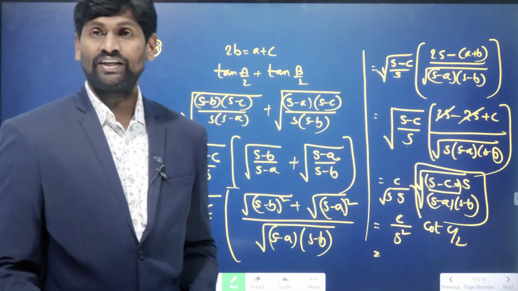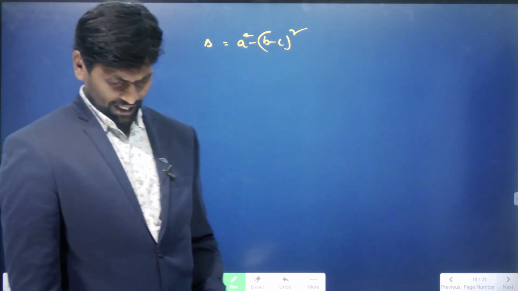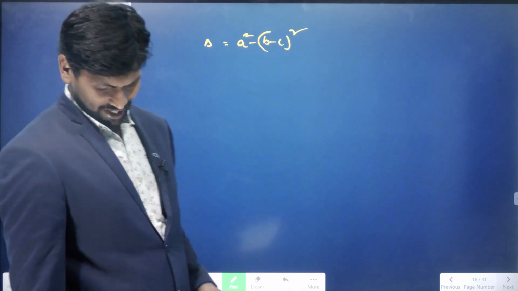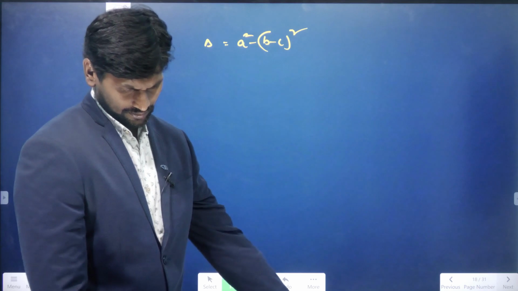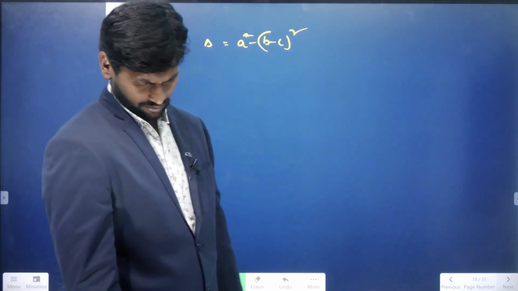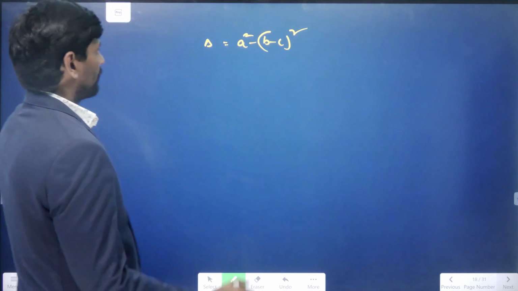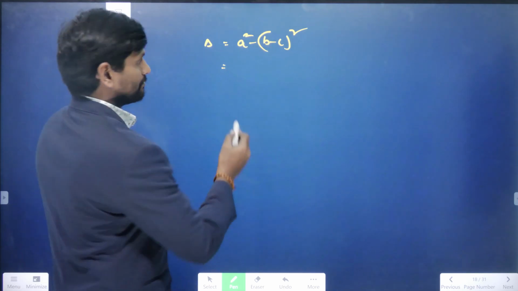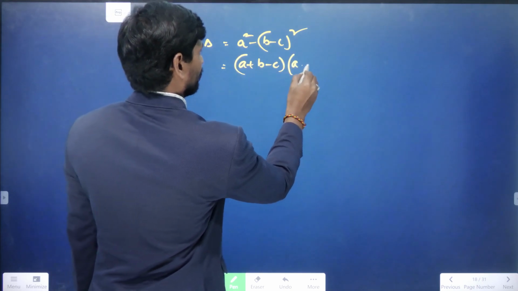Next, a square minus (b minus c) whole square equals delta, and we need to identify the value of tan A. Here I am writing the formula a square minus b square, that means (a plus b) into (a minus b).